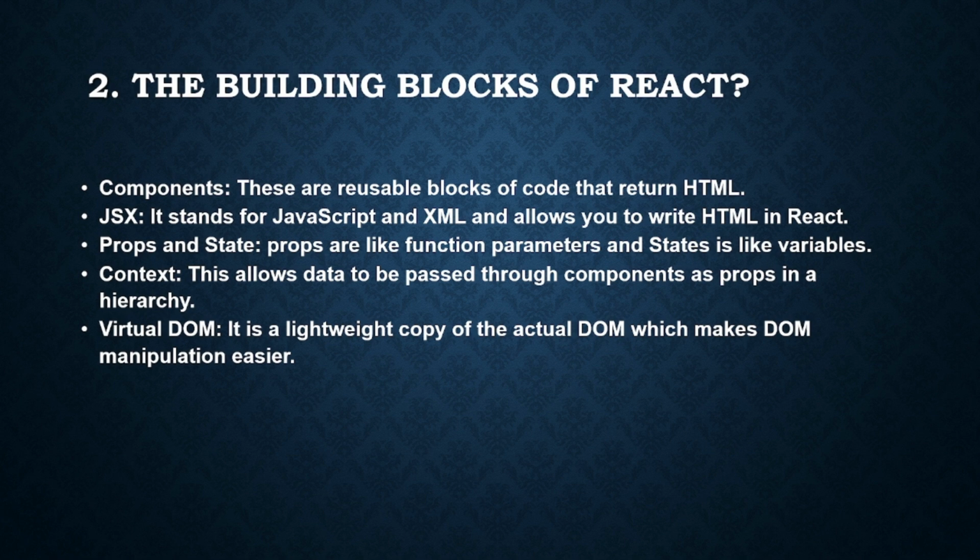Props means properties and state means the variable where we store data. Props means we are sending the data from parent to child. That will get more familiar in the next question. You can also explain context and virtual DOM. Because of the virtual DOM, the performance will be high. So that is the second question.